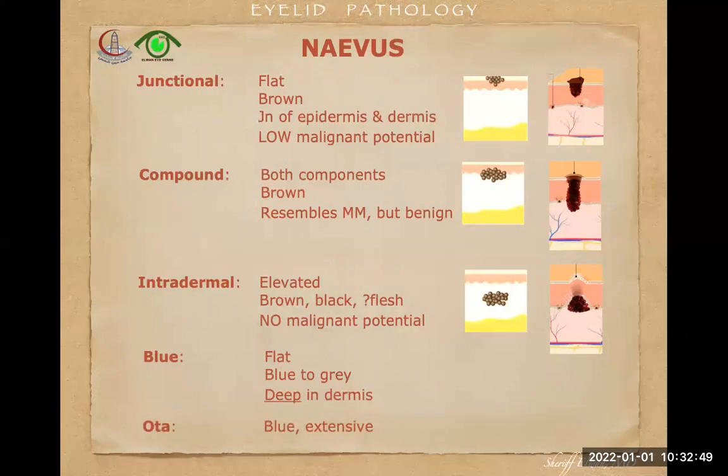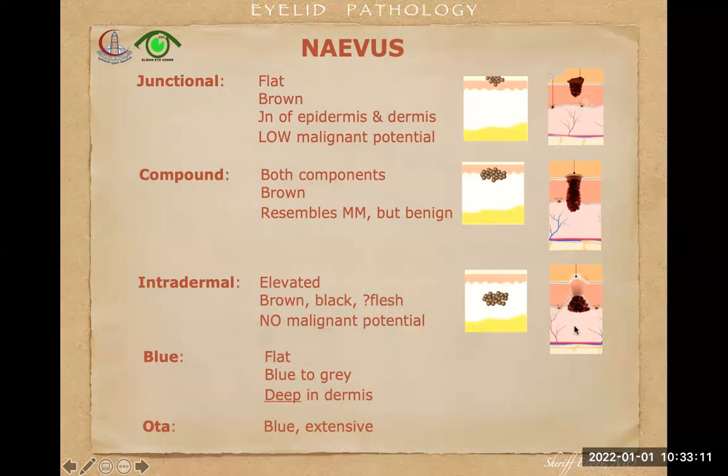And finally, if it is extensive, it's called the nevus of Ota. So the junctional type is flat and brown. The compound type looks almost the same as the junctional, but maybe more branched and more extensive.